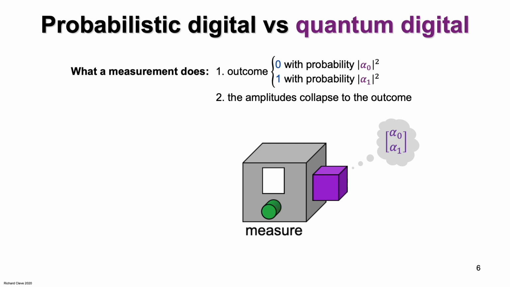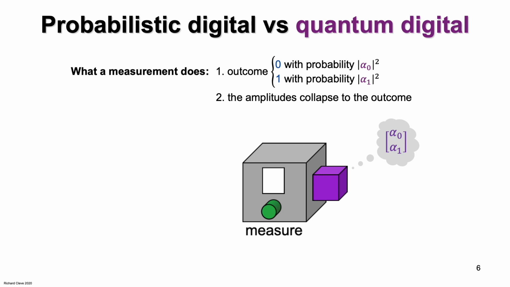Note that this makes perfect sense as a probability distribution because these quantities add up to 1. Also, the amplitude vector collapses towards the outcome in a manner similar to the way that a probability vector collapses when we read the value of a bit. The amplitude for the outcome becomes 1, and the other amplitude becomes 0.